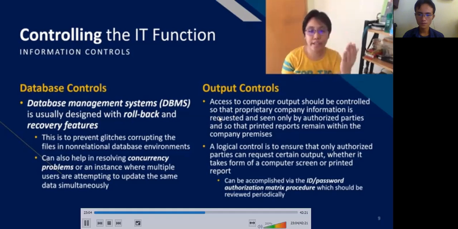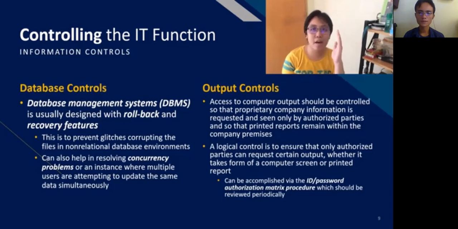Your database system is recommended to have a rollback and recovery feature, so that any erroneous transaction can be easily modified, and transactions that were erroneously deleted can also be recovered easily into the system, so that there wouldn't be any more conflicts as to what information you have placed in your database. Also, this helps prevent glitches corrupting the files in non-relational database environments.